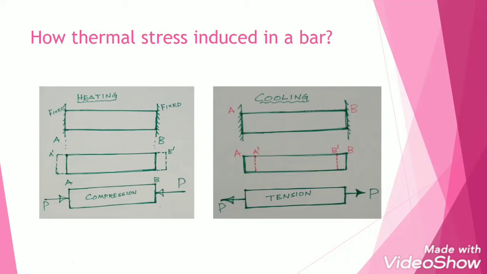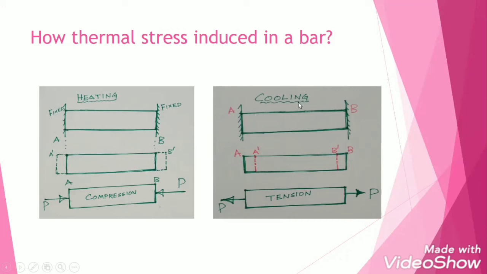Once a compressive force acts on the material, the stress induced in that material will be a compressive stress, because we know force divided by cross-sectional area gives you the stress. So when a bar is fixed on both sides and you are heating, we are preventing the expansion on both sides. In that case, the stress induced in the material will be a compressive stress.